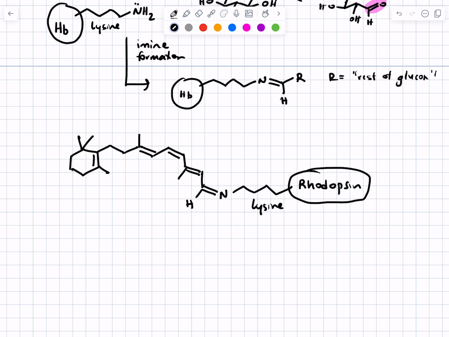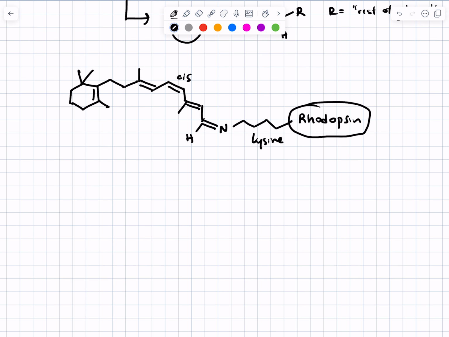This is the molecule that actually absorbs a photon of light, which creates the image impulse. And it's actually multiple steps, but it happens really fast. So you have this cis double bond, and the molecule is highly, I'm missing a double bond there, highly conjugated. That means the energy gap between the HOMO and the LUMO of the molecule is low enough that a photon of light in the visible region can excite an electron from the HOMO to the LUMO.